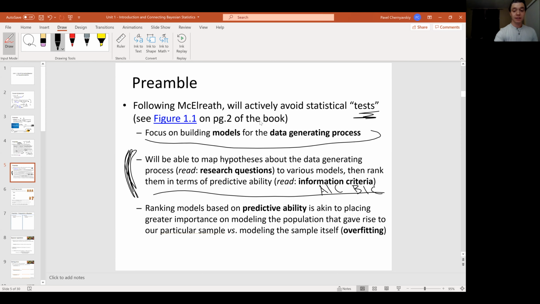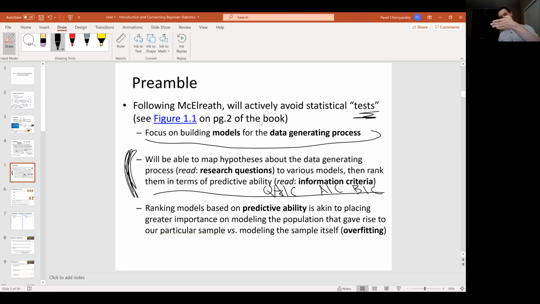Some of you may have heard of the QAIC. In truth, there's probably like 50 information criteria out there. They are frequently used. They're frequently misused. We have a whole unit on that. Point is, when you're building models for a given data set, you can test hypotheses by comparing different models.